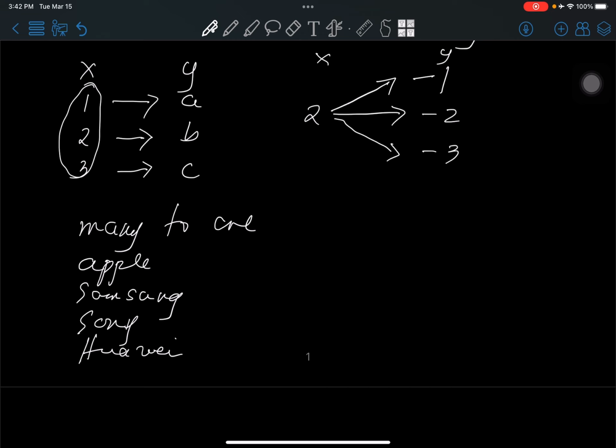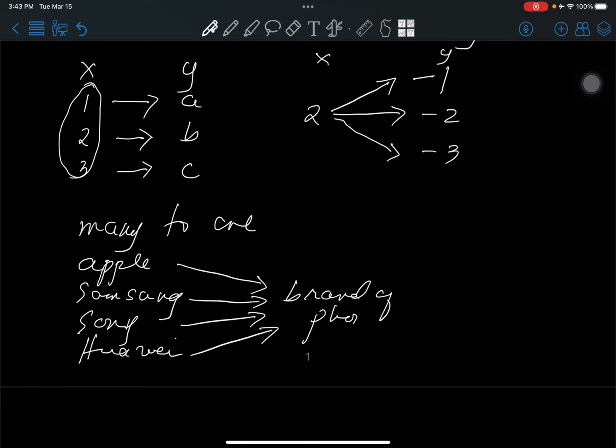Okay, so here, this is ultimately talking about one specific description, brand of phones. This example corresponds to many-to-one. So we have here your input, and you also have here your output, which is simply brand of phones.